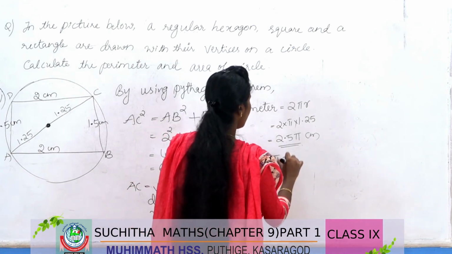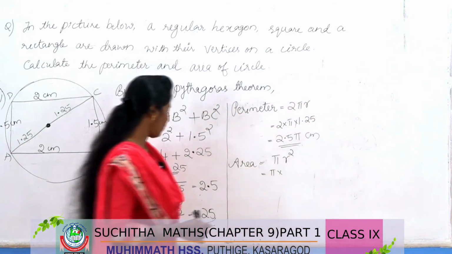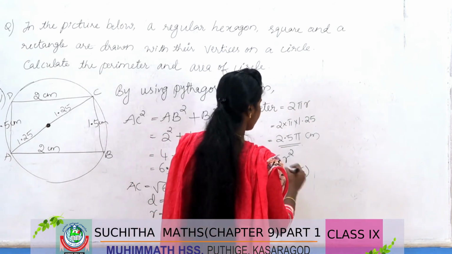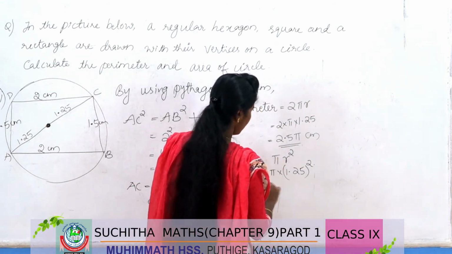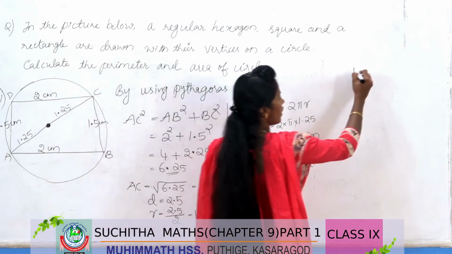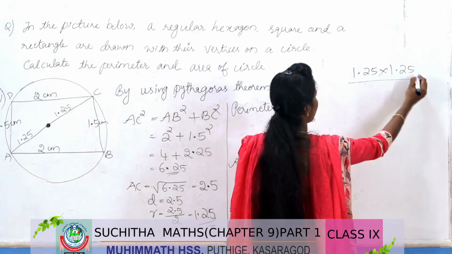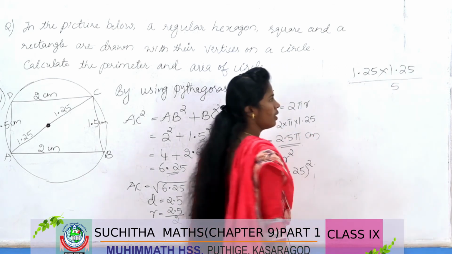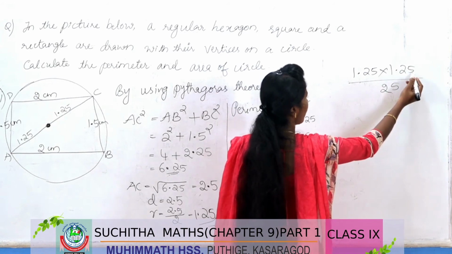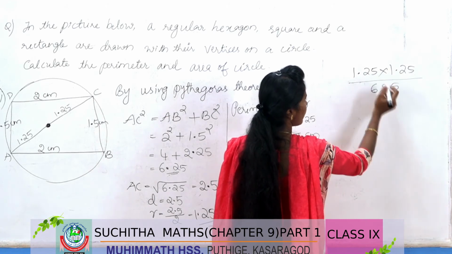pi into r square. That is pi into r, r is 1.25. That is 1.25 square. That is pi into 1.25 square is 1.25 into 1.25. 5 5s are 25. Remaining 2. 5 2s are 10. 10 plus 2 is 12. Remaining 1. 5 1s are 5, plus 1 is 6. So 2 5s are 10.